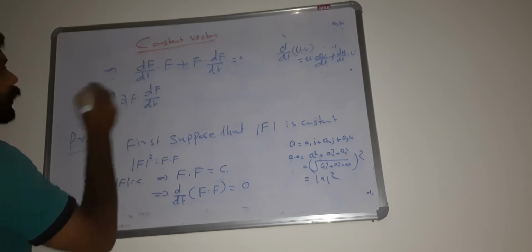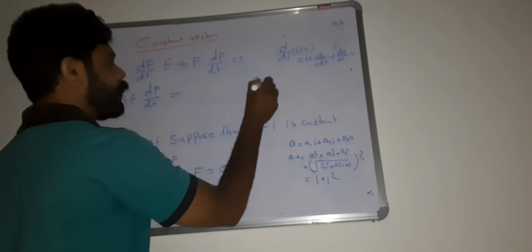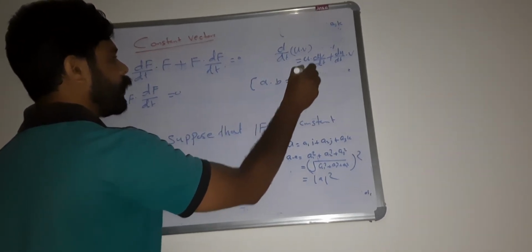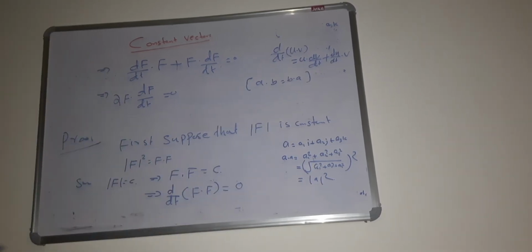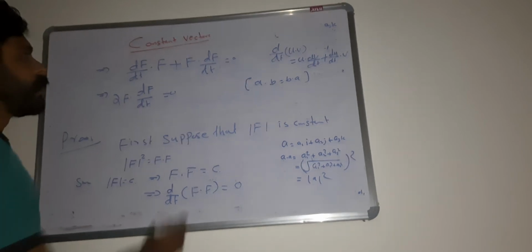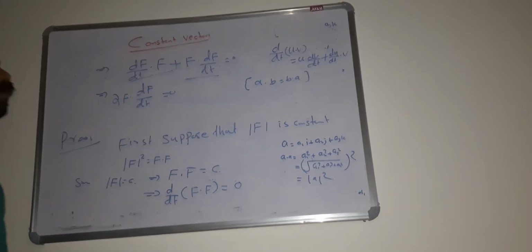Since a dot b equals b dot a, the dot product is commutative, so these two terms are equal: df by dt dot f equals f dot df by dt.